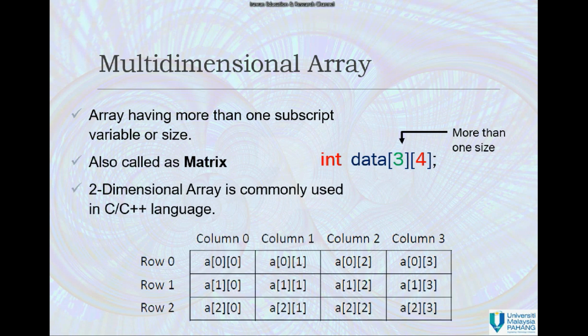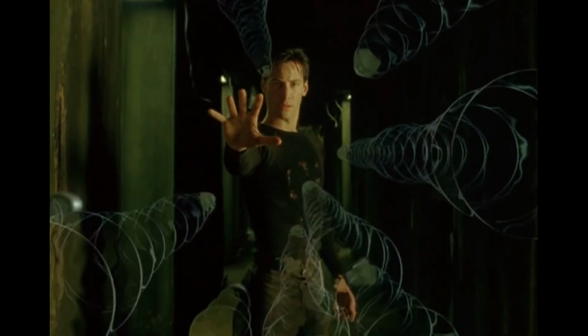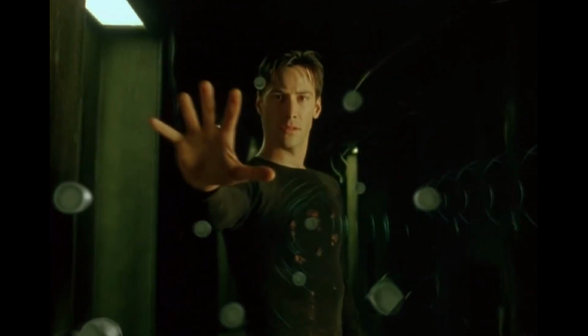The multi-dimensional array gives more storage to the programmer, making the variable more capable of storing data in terms of what they call a matrix. Yeah, matrix, like the film called The Matrix.